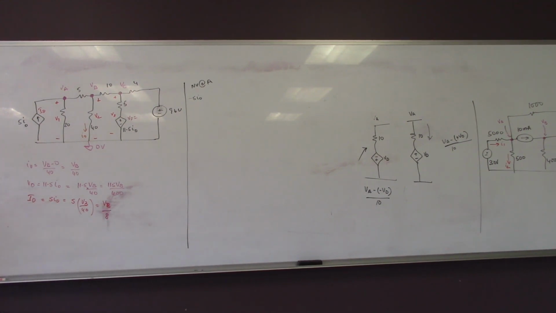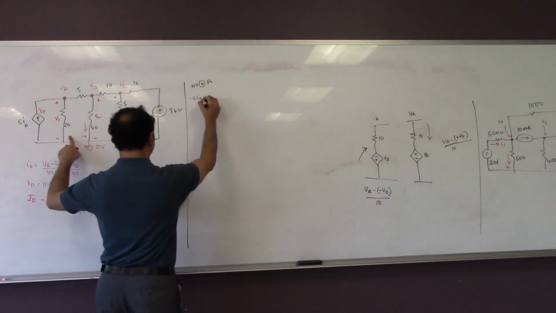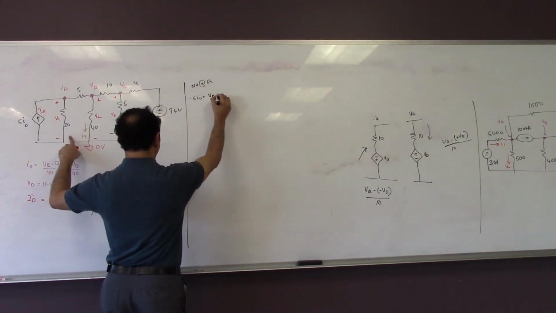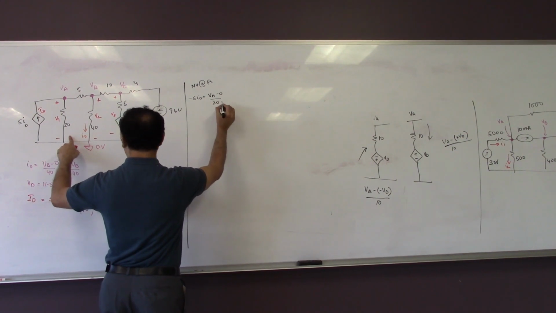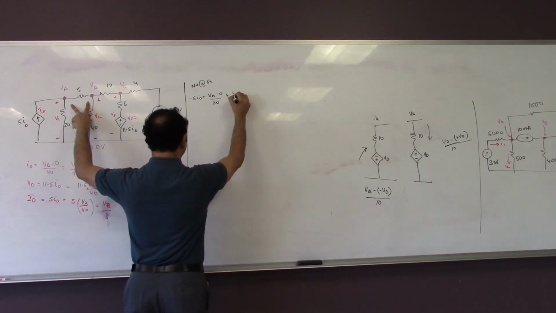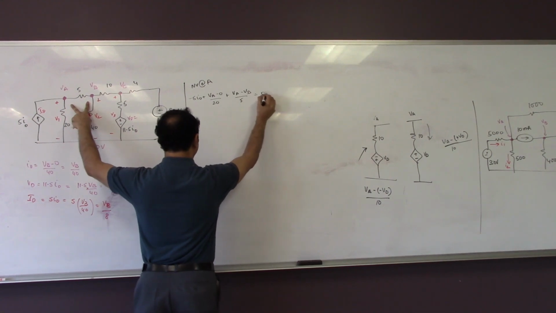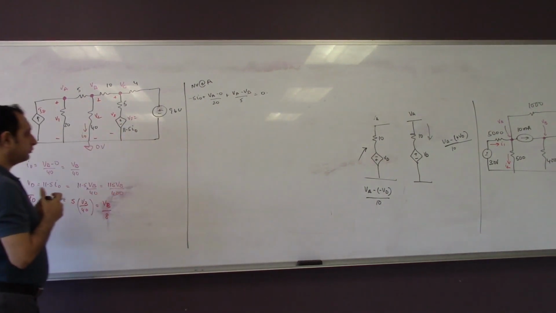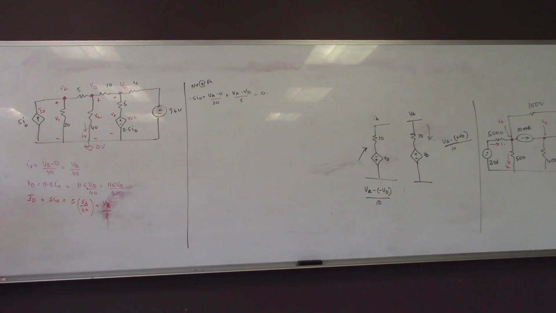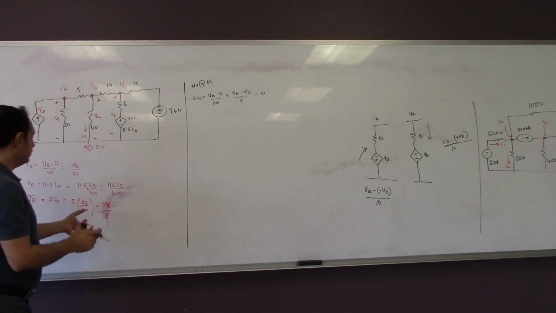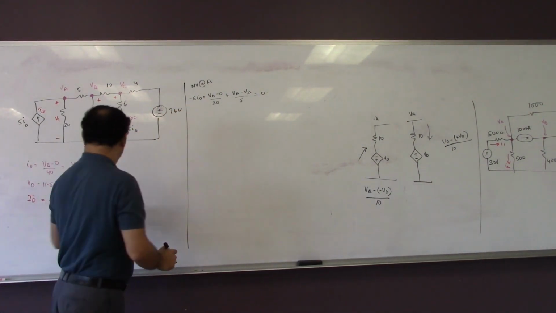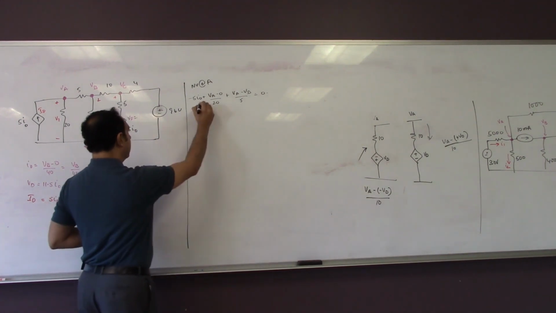So we have one more dependent source. Here this will be equal to VA minus 0 over 20, and then VA minus VB over 5 is equal to 0. I'm just going to replace this by our value of I naught.